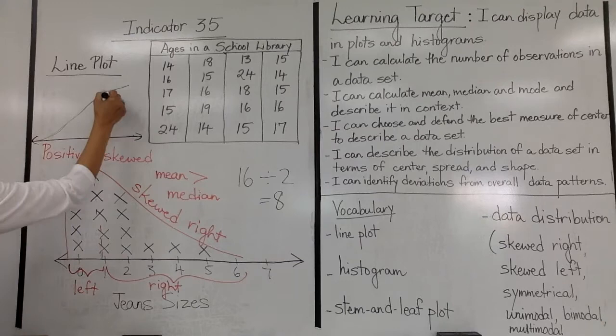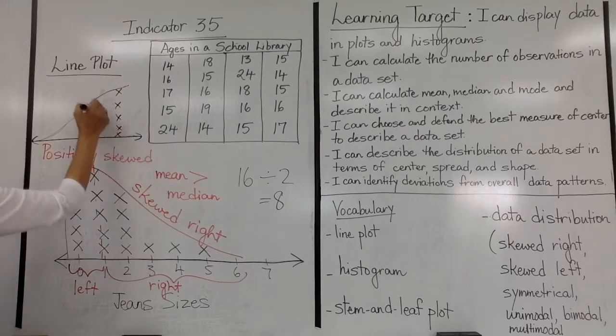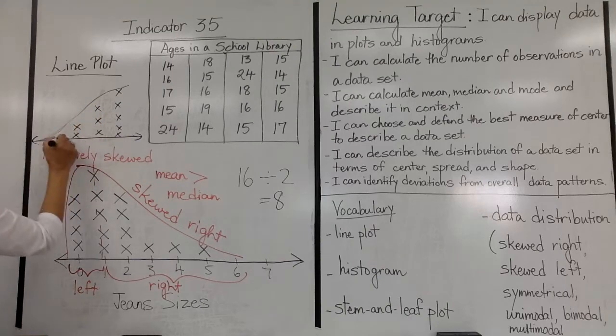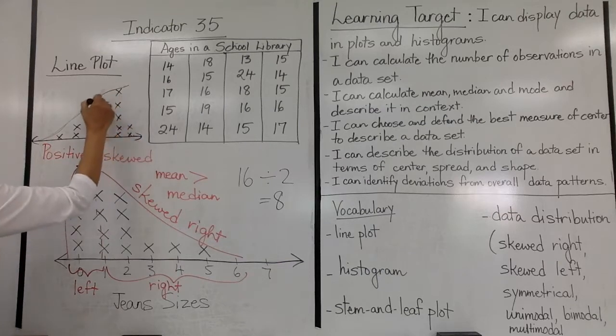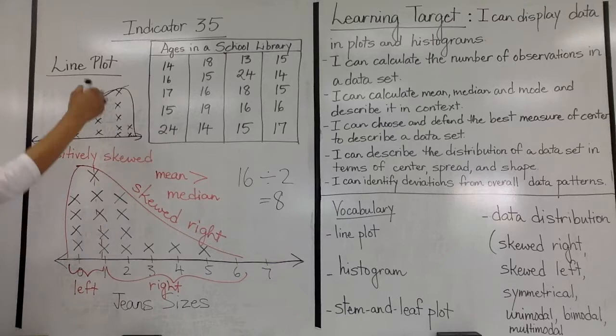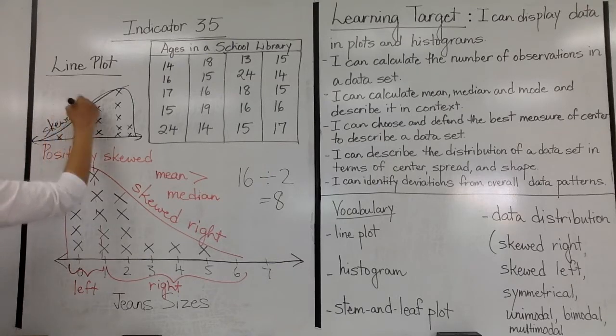I'm just going to make up some values over here, and then we just have 1, 2. So if I look at this graph, the longer part, the tail end, is to the left. So when this happens, this is skewed left.